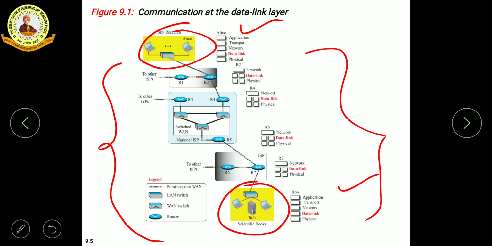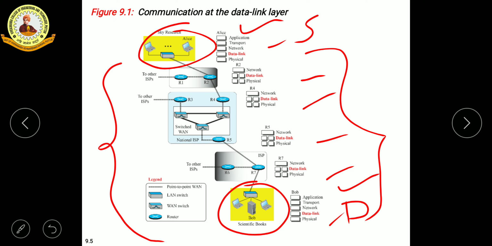We can call them the source and the destination. At each point, that is the first point, second point, third point, fourth point, fifth point, and sixth point of data interaction, how the data link layer copes, what services it gives, or what help it gives in the communication, that we are going to know here.